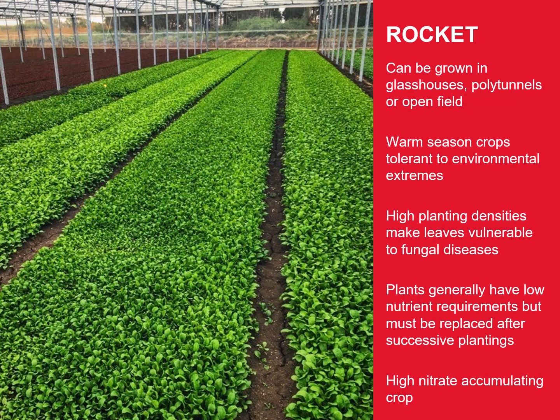It's quite a versatile crop, and can be grown in glass houses, polytunnels or open fields. In this particular production that I did in Italy, this was actually in a polytunnel as part of a commercial production. It's a warm season crop, but the plants themselves are very hardy and tolerant to environmental extremes.